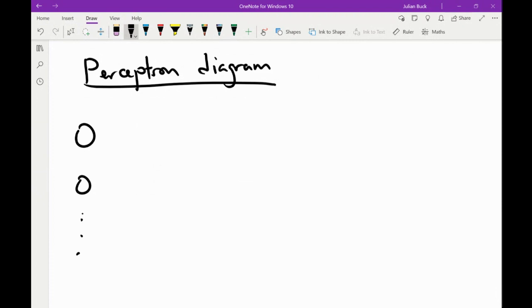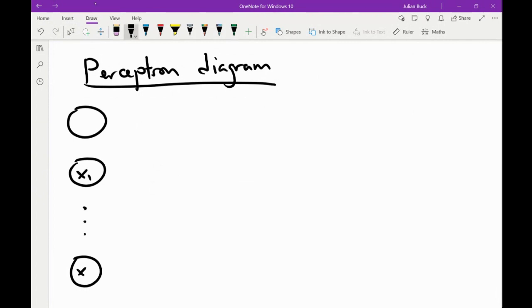We have our inputs, say x1 to xp, corresponding to our features. But then we also want to incorporate the bias. As we saw last time, I'm going to indicate the bias with a 1, because the bias is a constant. The value b we're going to think of almost as a weight, because it can be tuned and adjusted.